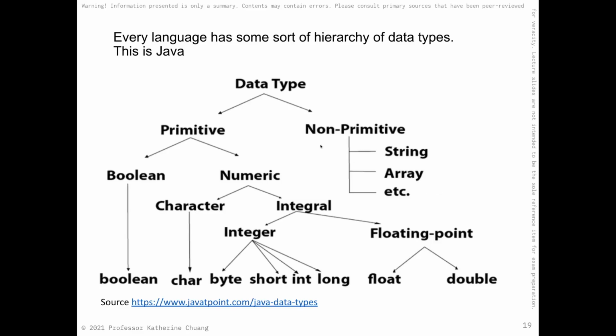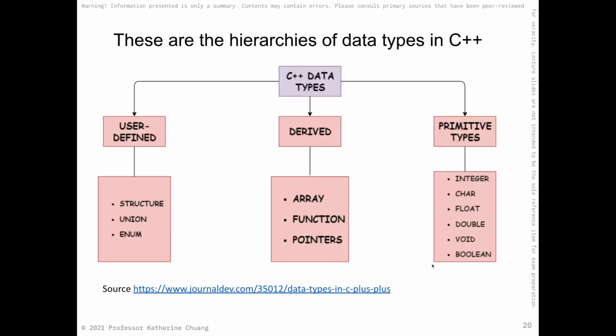So all of this, what I'm trying to show is that every language has some sort of hierarchy when it comes to data types. Some have a few more layers, some of them have fewer layers. It just varies. Here's another example using C++. You can have primitive types first, so very similar: integer, character, float, double, and so on.